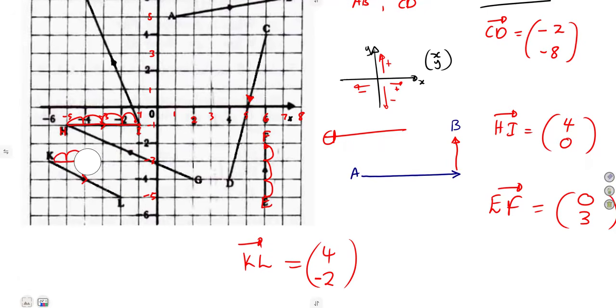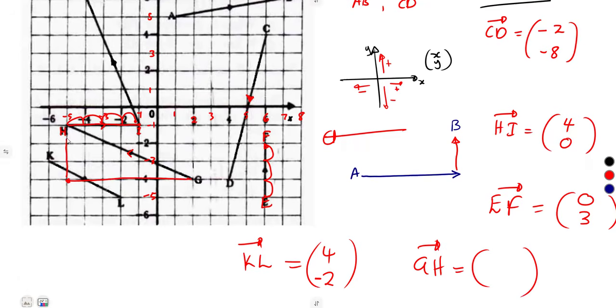So all these guys, you can determine any vector from point G to H. All right? From G to H. You can determine that. So from G to H, we have to move in the X. So this is our X movement until we can see the point H there. So that's the movement.